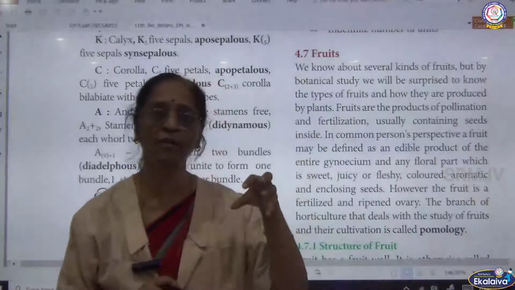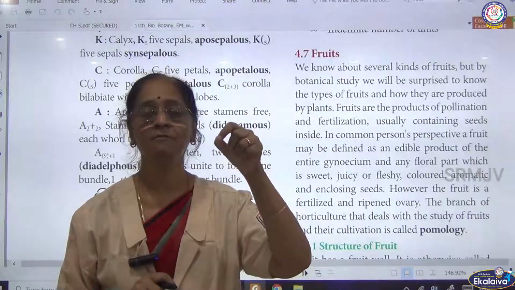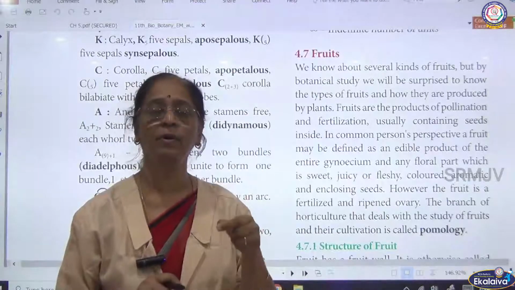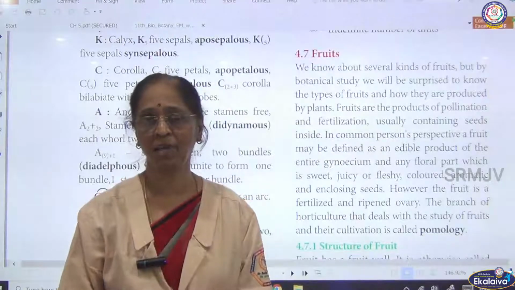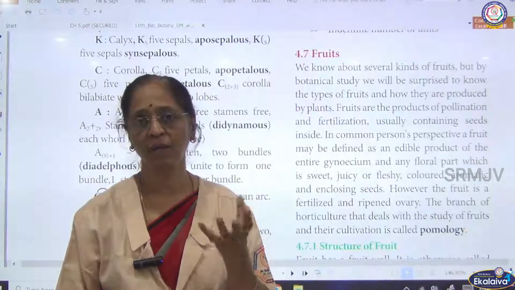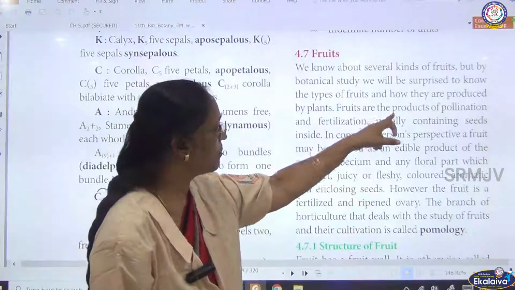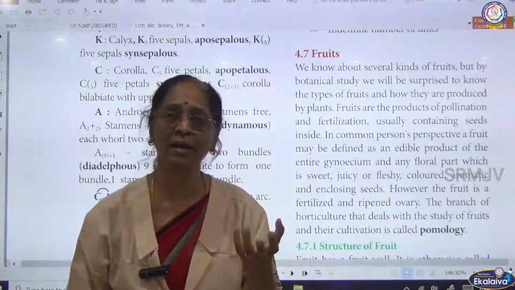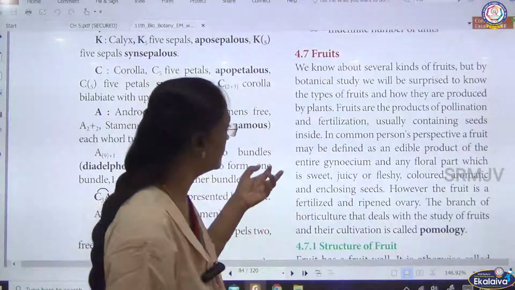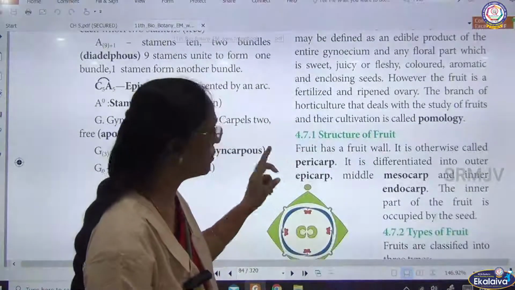We said after the pollination, the pollen is transferred onto the stigma, and this pollen develops the pollen tube, fuses with the egg, that is double fertilization takes place, and after that the ovary becomes a fruit and the ovule becomes a seed. So it is the product of pollination and fertilization, and what does it contain inside? It contains the seeds.